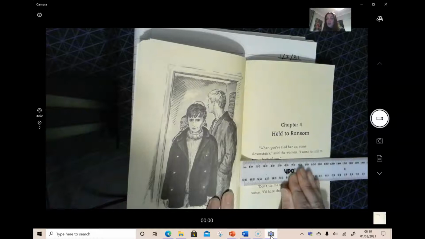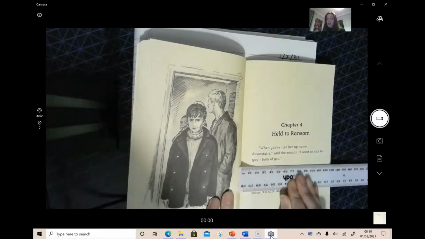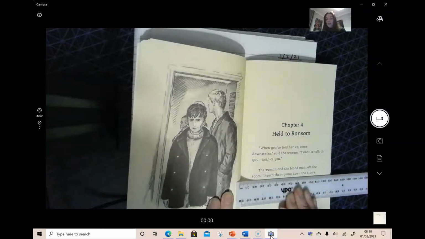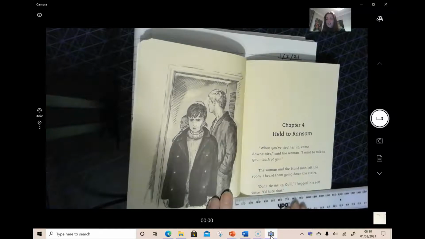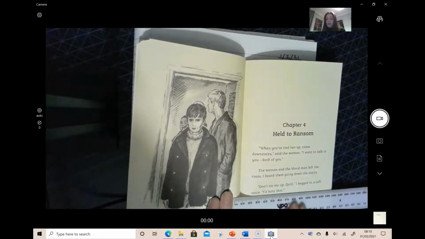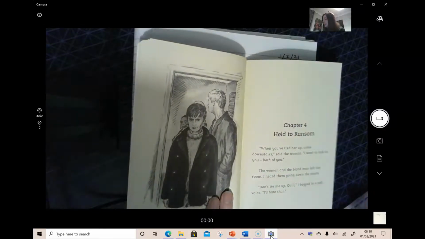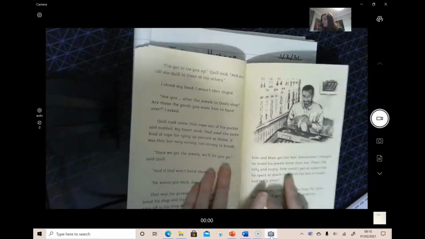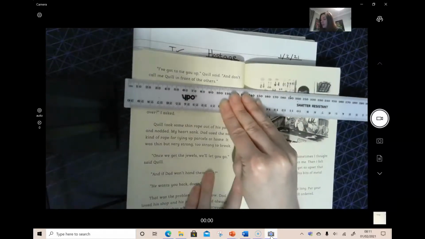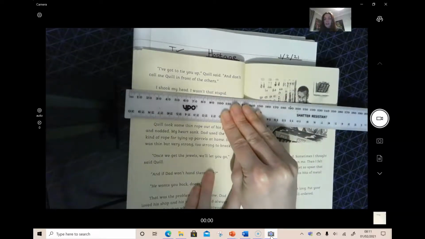When you've tied her up, come downstairs, said the woman. I want to talk to you, both of you. The woman and the blonde man left the room. I heard them going down the stairs. Don't tie me up, Quill, I begged in a soft voice. I'd hate that. I've got to tie you up, Quill said, and don't call me Quill in front of the others. I shook my head.